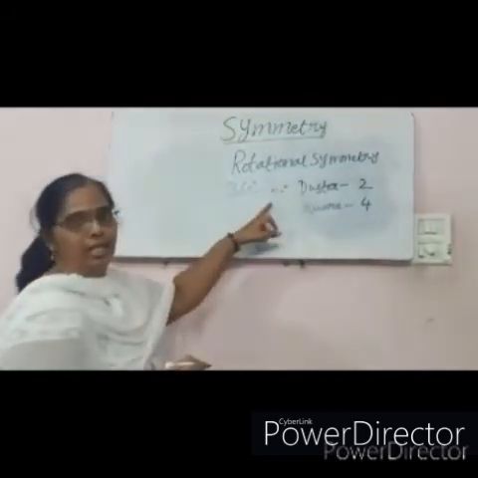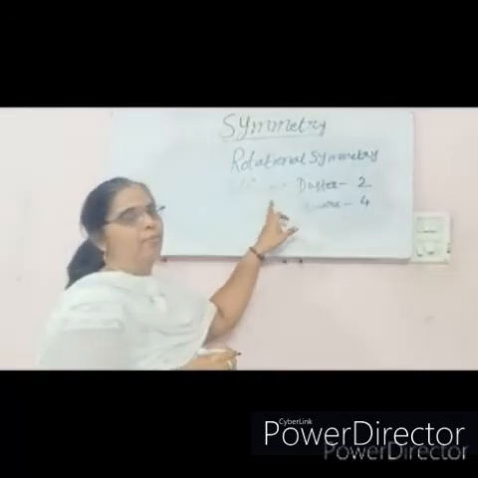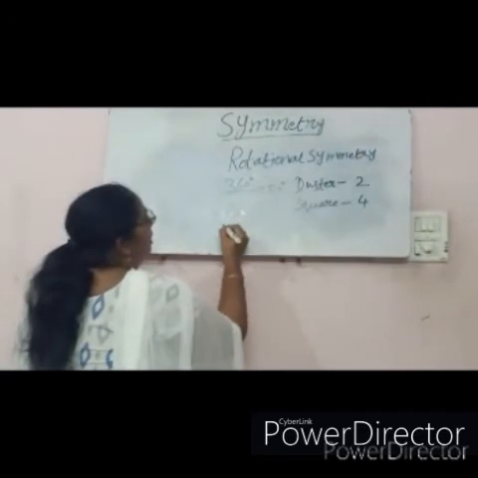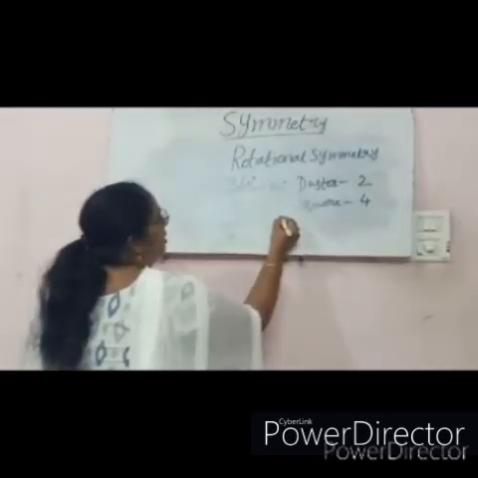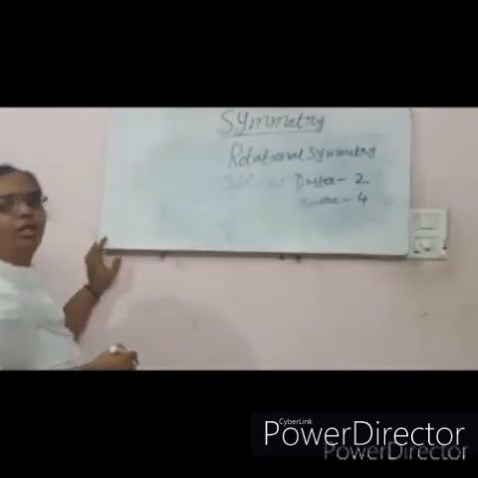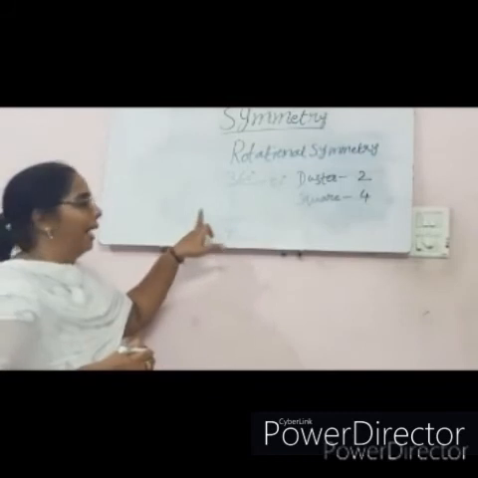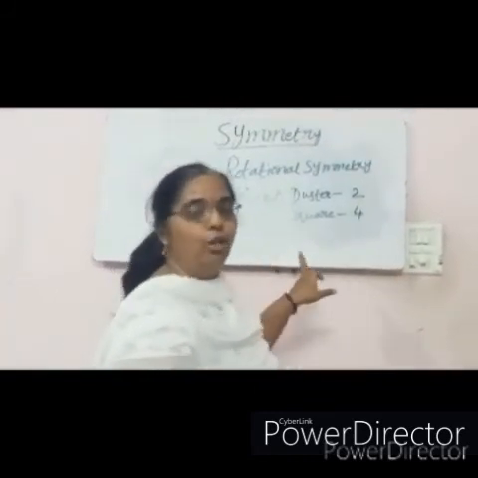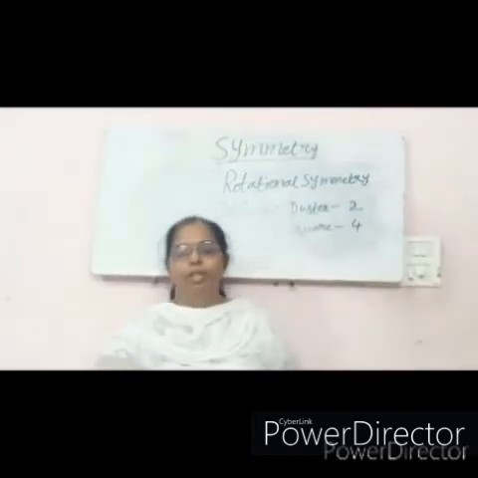So for the duster, the angle of rotational symmetry is 180 degrees. Now for the square, it is 360 degrees by 4. So the angle is 90 degrees. For the square, the order is 4, so the angle of rotational symmetry is 90 degrees. In this way, you will find the angle of rotational symmetry.